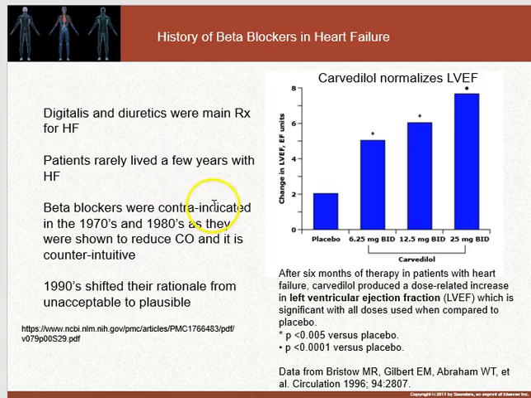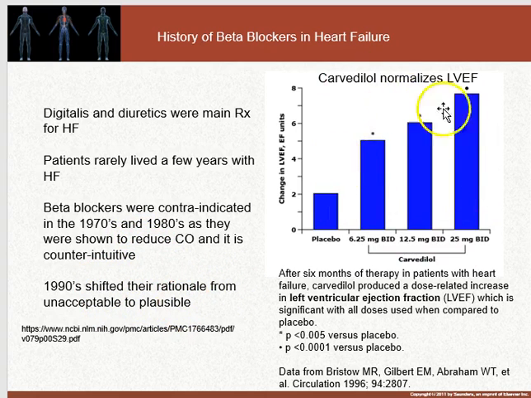In fact, beta blockers were contraindicated in the 70s and 80s because it was well known that they reduced cardiac output. And so in patients that have heart failure, reducing cardiac output just seemed counterintuitive. That viewpoint was replaced in the 1990s as small clinical trials became more and more published, showing that actually, these drugs are not unacceptable, they're quite plausible.